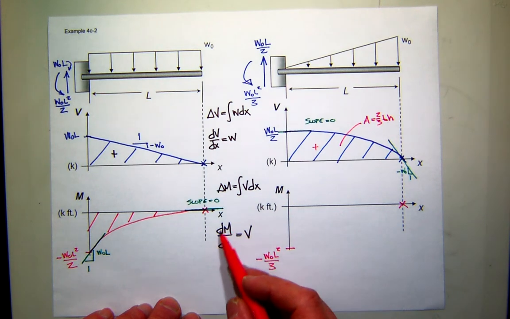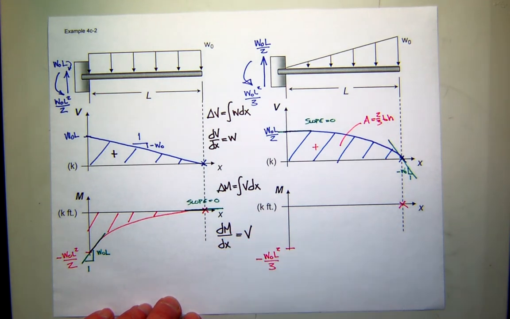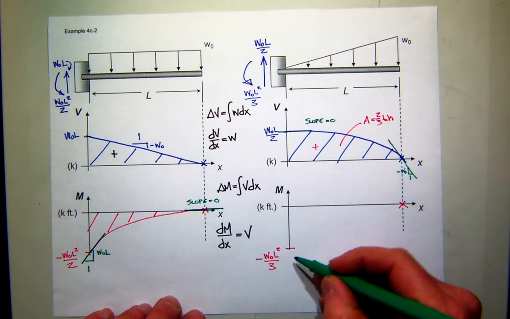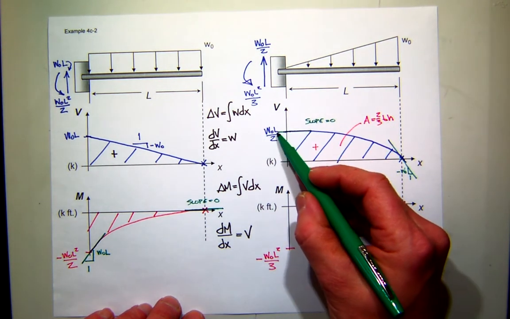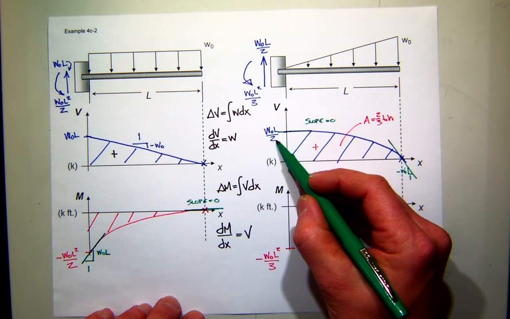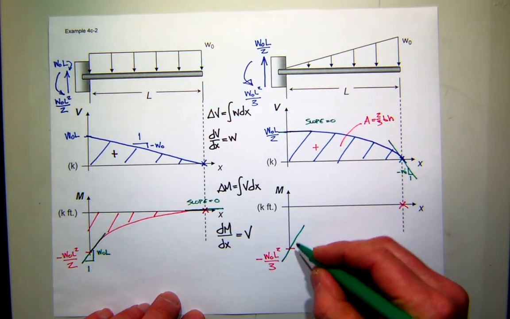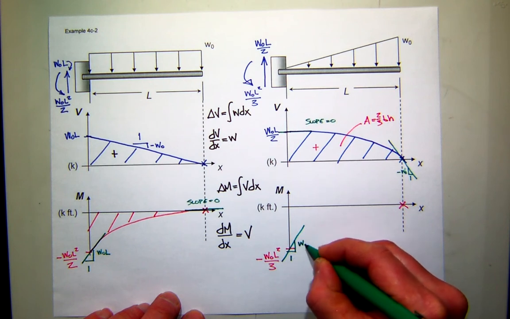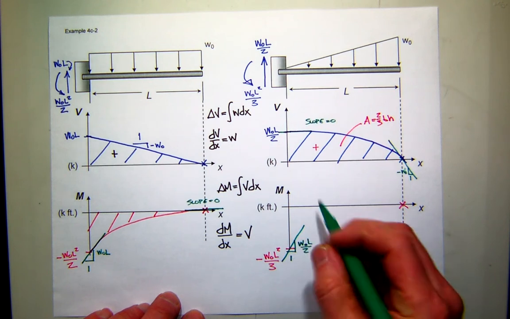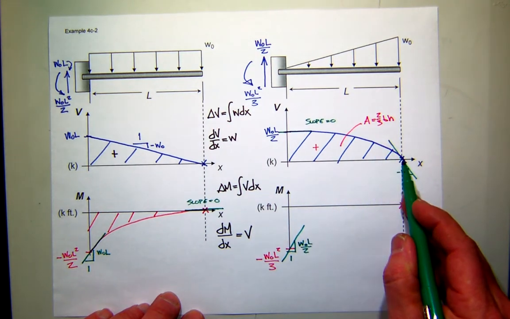What about the slope? The slope is equal to the shear. So let's start with the slope. What is the slope right here on the left side? No. It's W naught L over 2, and it's positive. So we're starting off at a slope of W naught L over 2, and we're getting smaller and smaller till we hit 0.